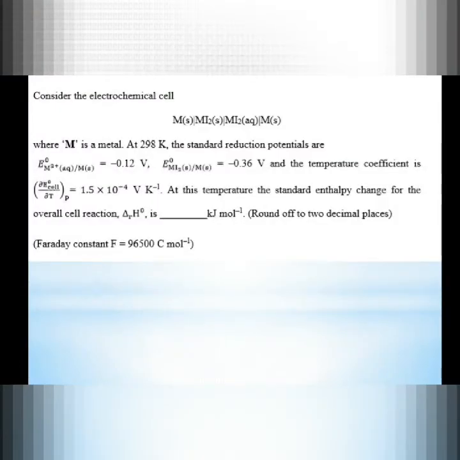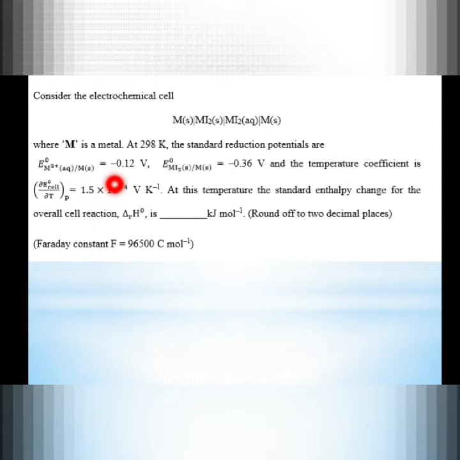Now another question: this is an electrochemical cell, and M is a metal at 298 Kelvin. The standard reduction potentials of M2+ to M and Mi2+ to M are given. M2+ to M is equal to minus 0.12 volt, and Mi2+ to M is equal to minus 0.36 volt.